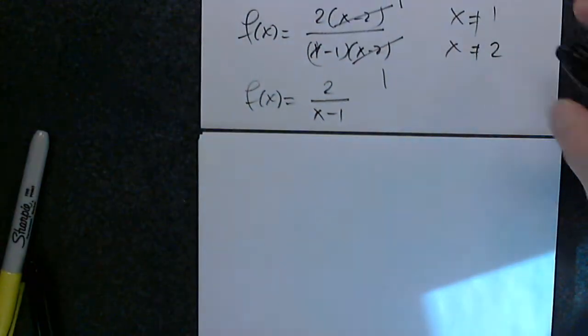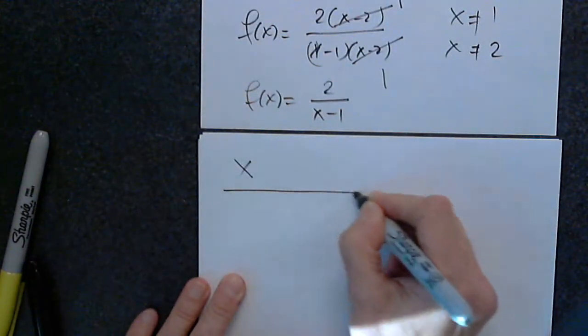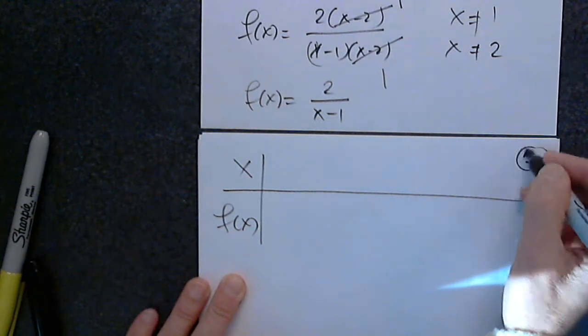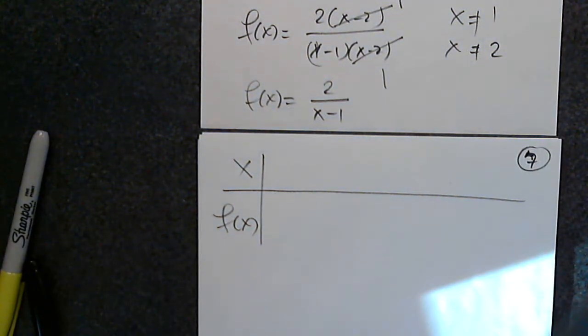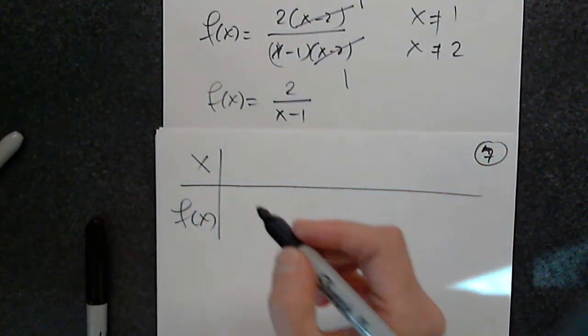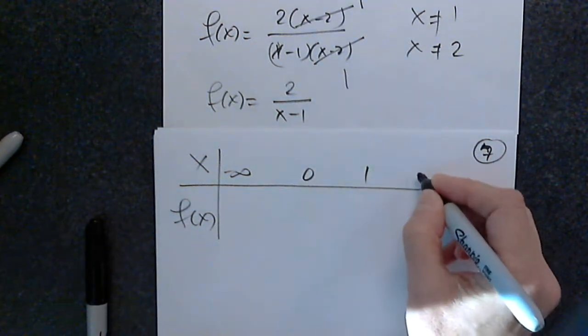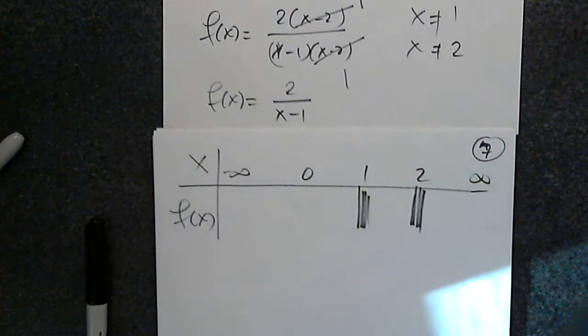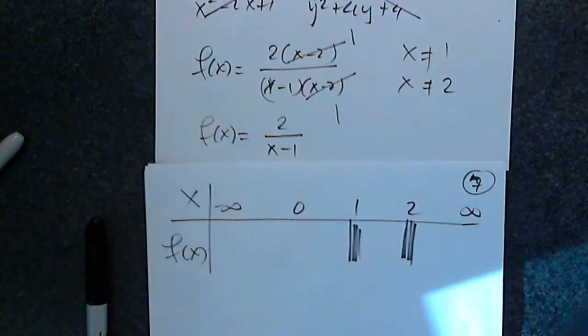Okay, very good. So I start my table, in which I have to put 1 and 2, and of course 0. Negative infinity, 0, 1, 2, infinity. Undefined at 1 and 2, you already told me that. Because the factor of x minus 2 disappeared, what will x equals 2 represent?